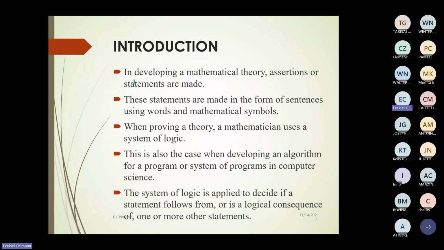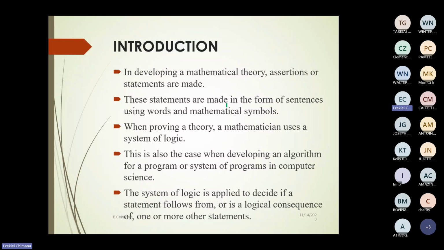So, introduction: in developing a mathematical theory, assertions or statements are made. These statements are made in the form of sentences using words and mathematical symbols. When proving a theory, a mathematician uses a system of what?